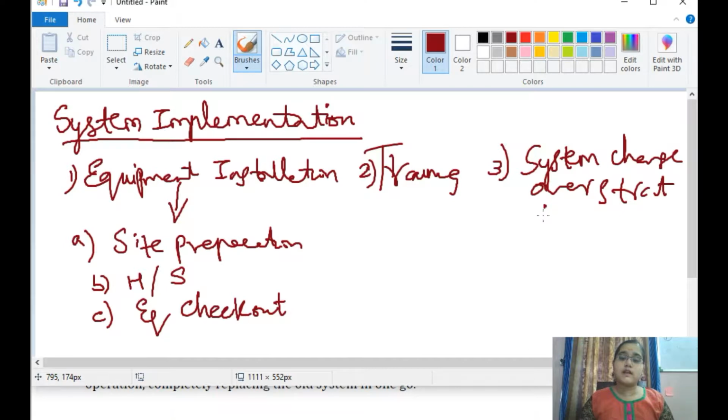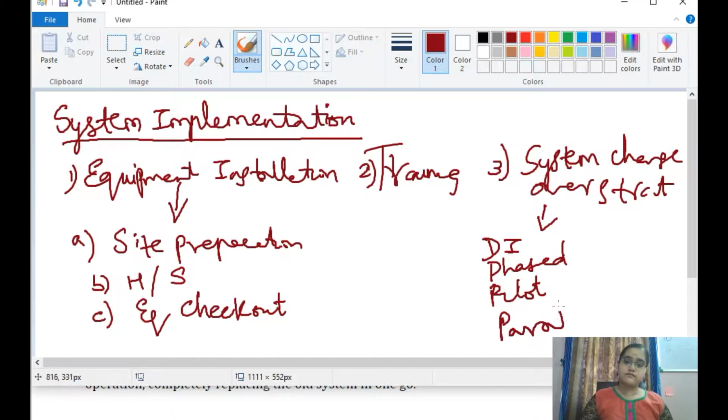System changeover strategies has 4 varieties: direct implementation, phased changeover, pilot changeover, and parallel changeover.